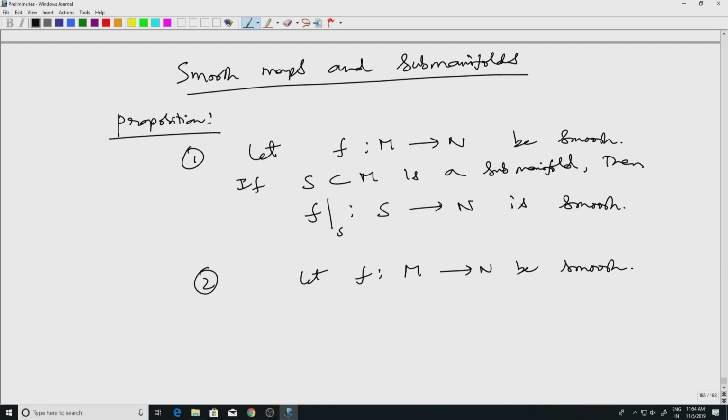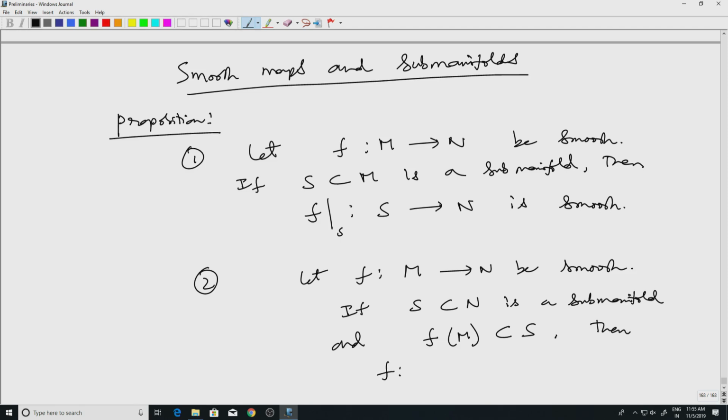This time, if I take S, a submanifold in the image, and suppose I know that the image of f is actually contained in S, then I can regard f as a map from M to S. The claim is that this map is smooth.